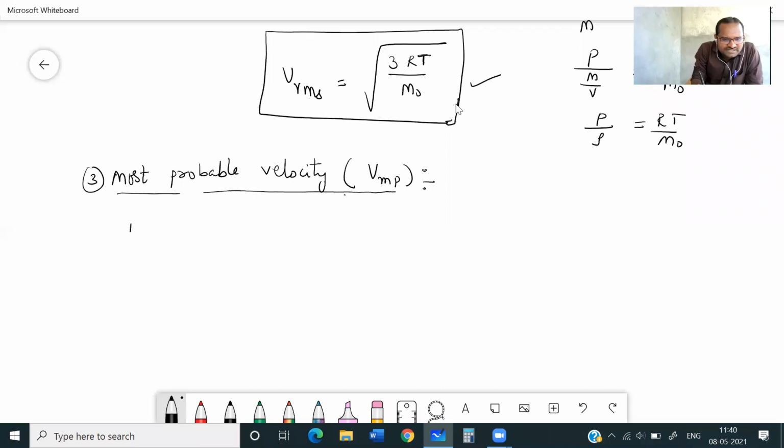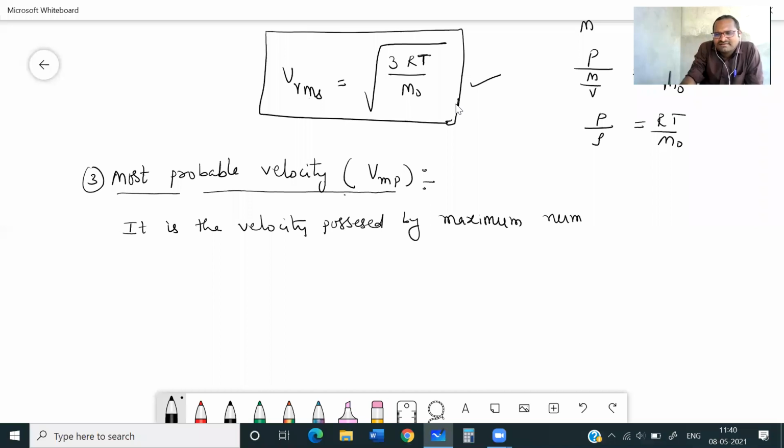It is the velocity possessed by the maximum number of gas molecules in a gas.